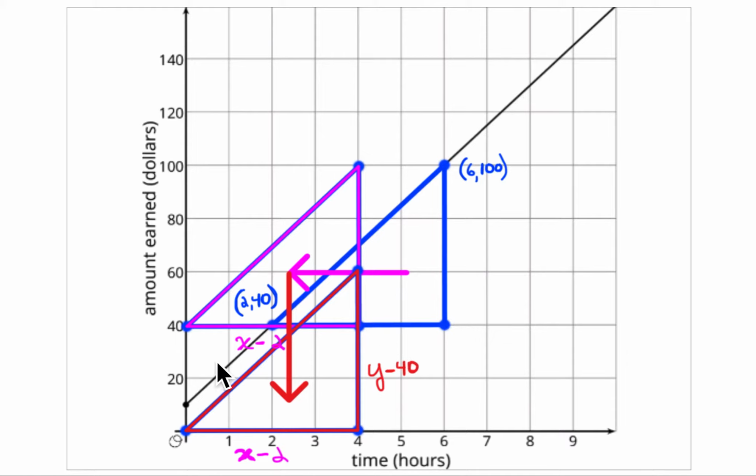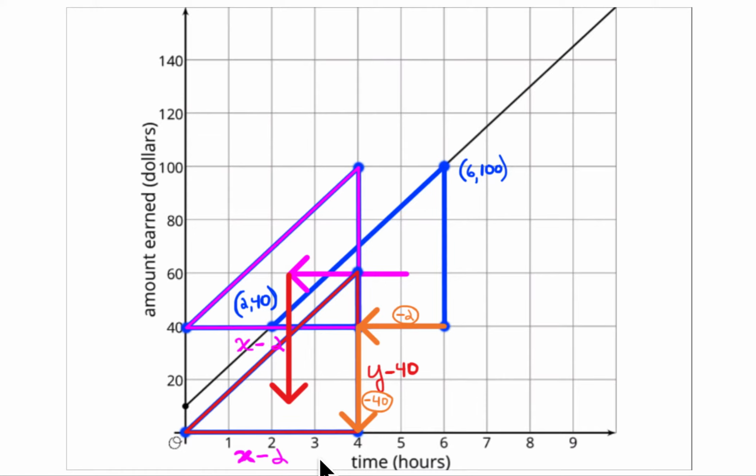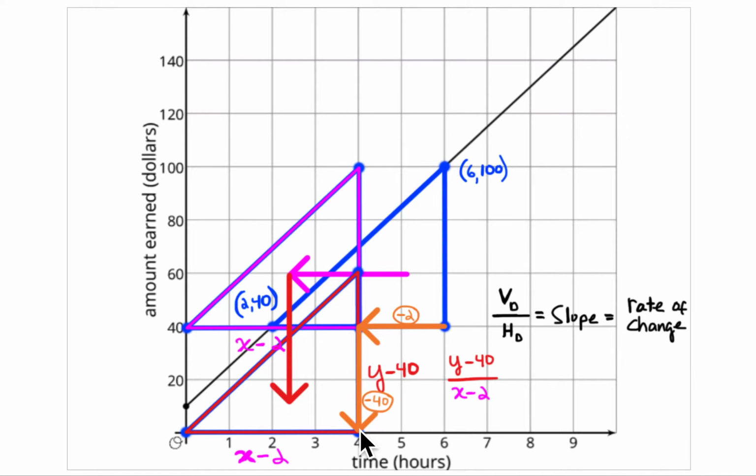And for the number of units in the horizontal direction, you have to take these 2 units away and slide it over here. And what's left are these 4 units. That's the number of units in the horizontal direction, x minus 2. And so once again, it was x minus 2, we slid it over, and y minus 40, we slid it down. So we're going to use that to write the equation.